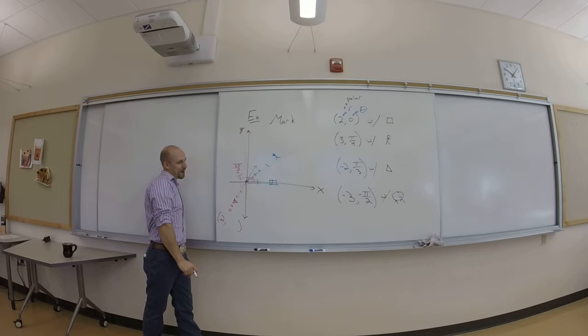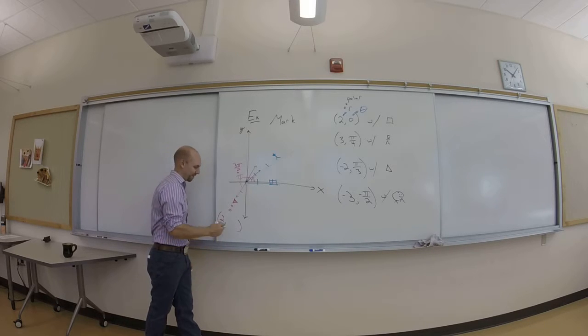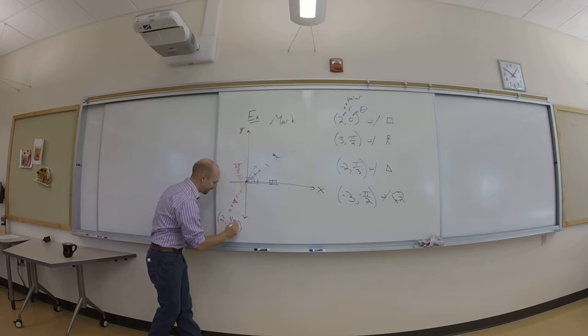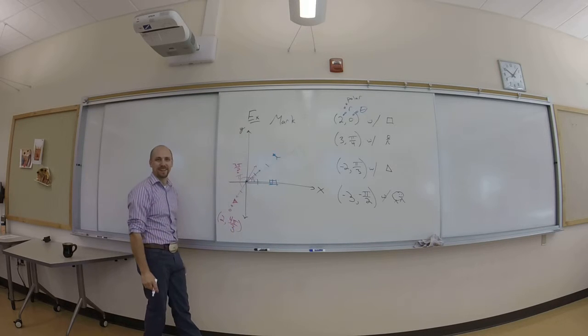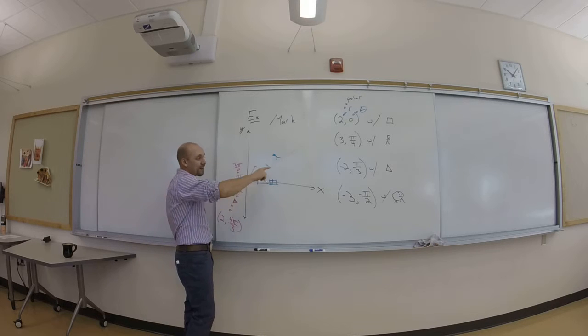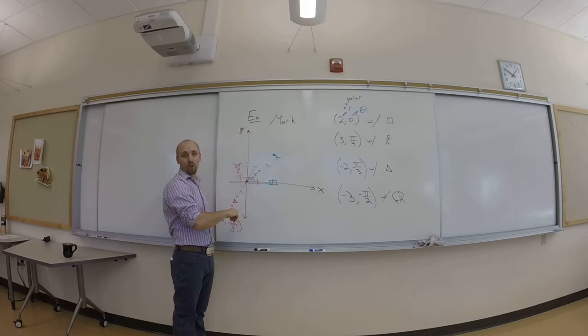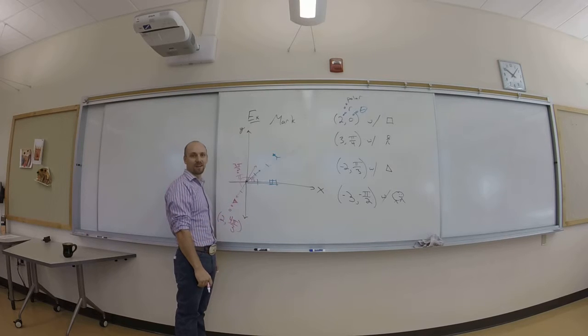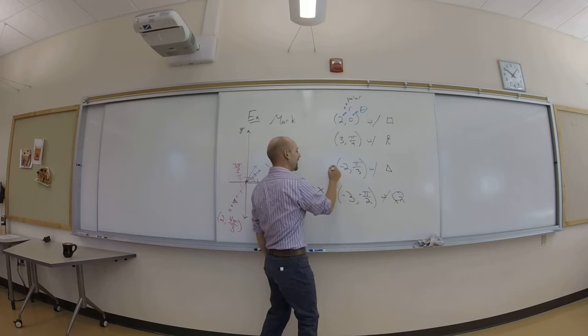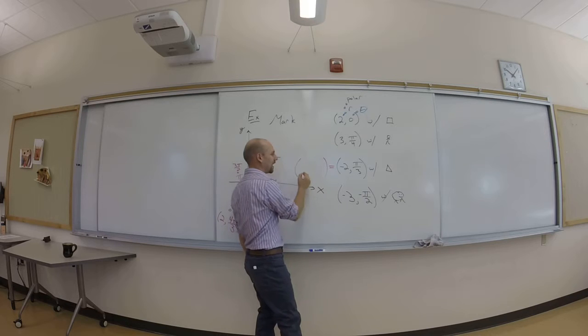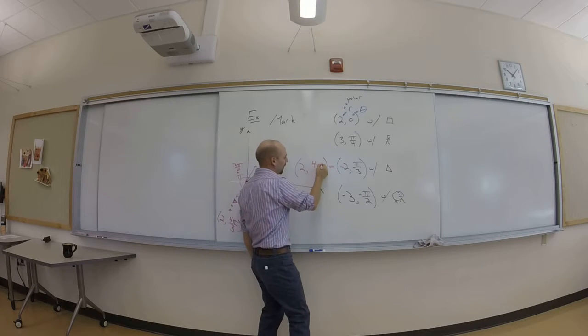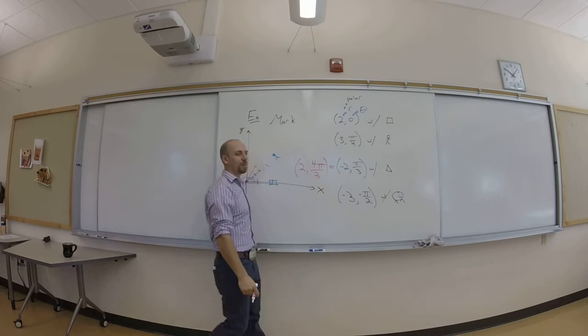If you have pi over 3 and your buddy brings 3 pi over 3, then all told you have 4 pi over 3. You guys see that? So please note, in polar, there's more than one way to get to a point. This polar point really is the same exact thing as the polar point 2 comma 4 pi over 3.